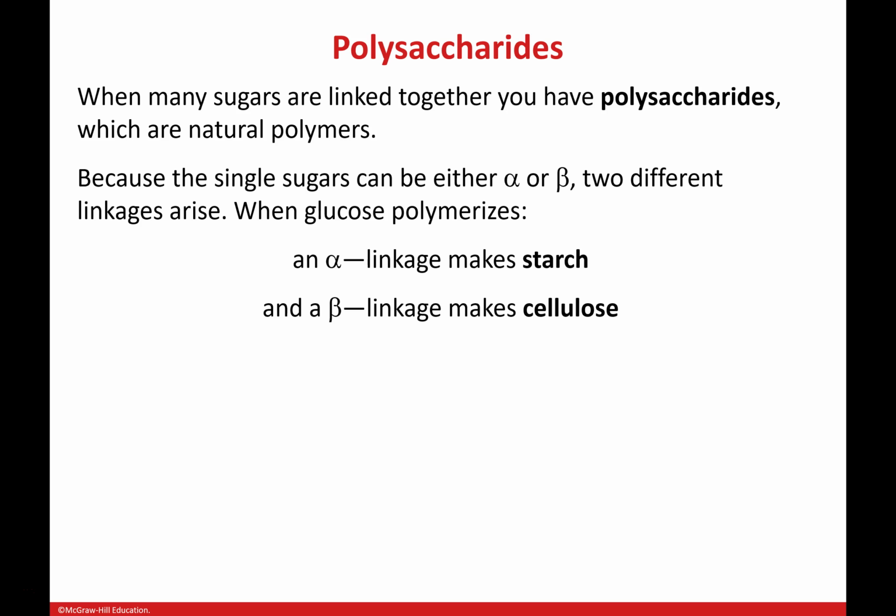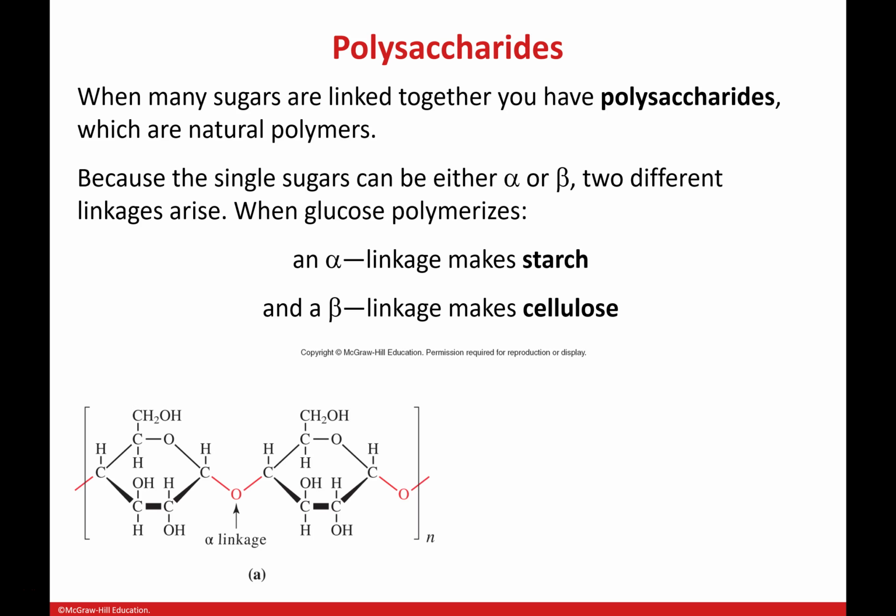Now the alpha to beta, I'll just show you here. When it's talking about a linkage, it's not talking about this. It's talking about this. Oh. So, I mean, that's what I'm thinking. So here we have an alpha linkage. So this must be starch.